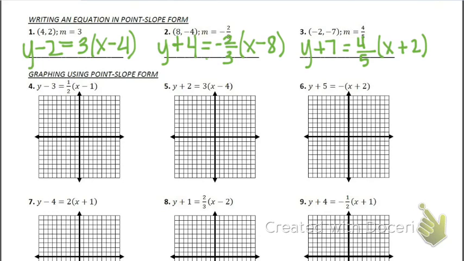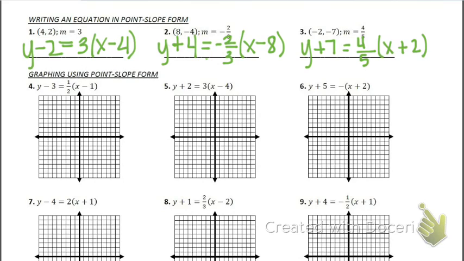Guess what? Graphing is also pretty straightforward. So on number 4, 4 through 9, I give you an equation in point-slope form, and I want you to graph that line. We already have a point, and we have a slope, so do we have enough information to graph it? Yeah, so let's look at the point. In number 4, y minus 3 equals 1/2 times x minus 1.